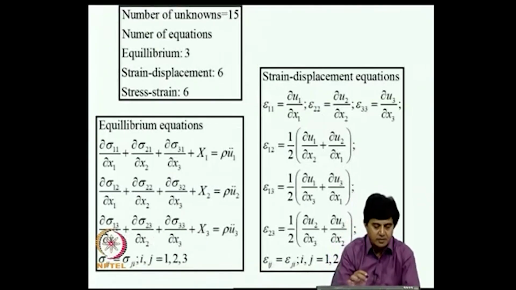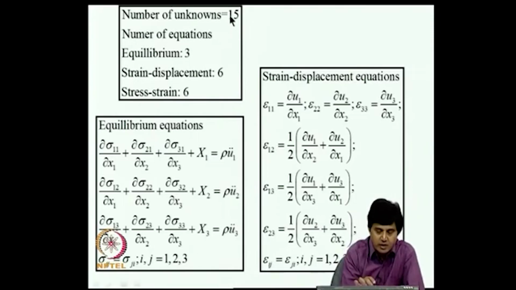So, now we have 15 unknowns and we need to generate 15 equations to tackle this problem. As we know, there are 3 equilibrium equations, 6 strain displacement relations and 6 stress strain relations. I have listed these equations here for quick reference.